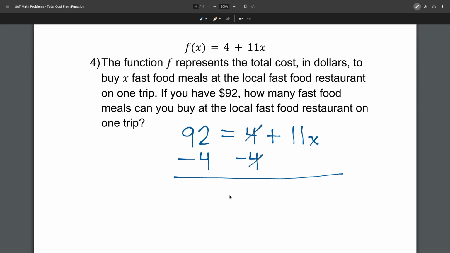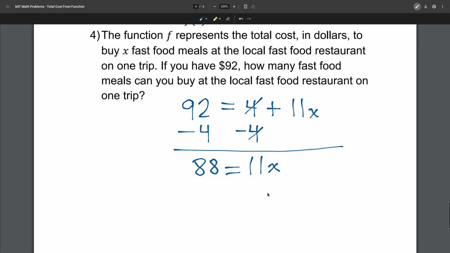So I'm going to cancel these out and just write 11x, because 0 plus 11x is 11x. 92 minus 4 is 88. Now we're going to divide both sides by 11. 11 divided by 11 is just 1. So we get x equals 88 divided by 11, which is 8. So we can buy 8 fast food meals.